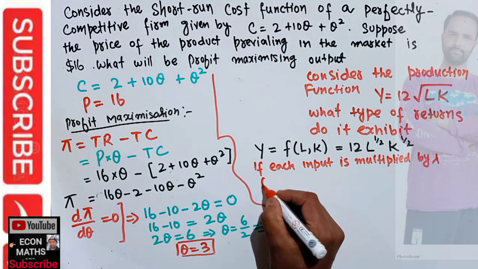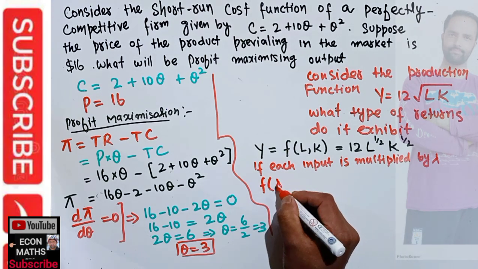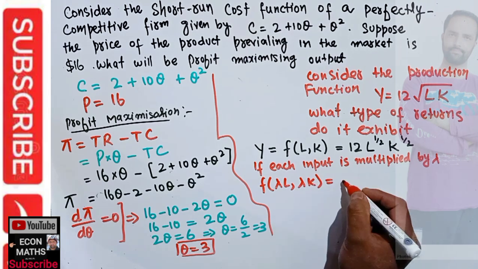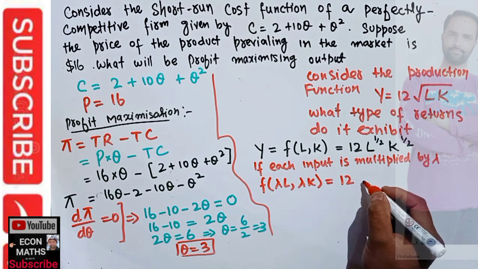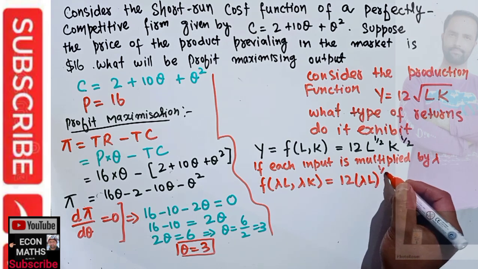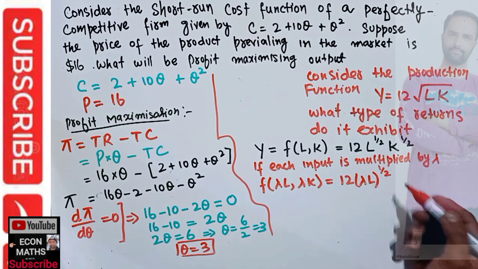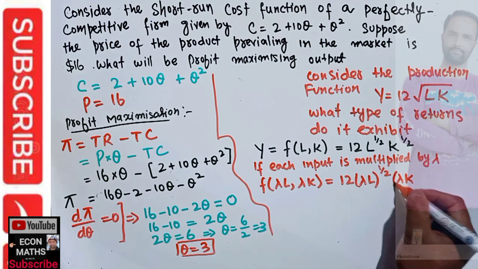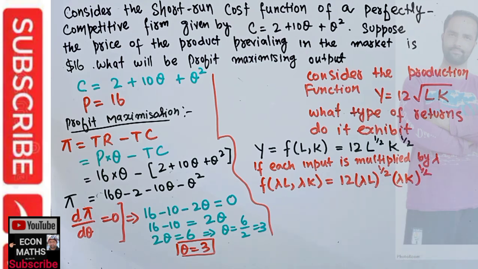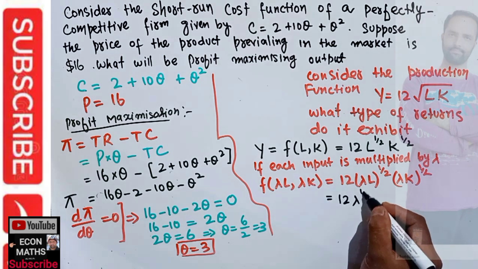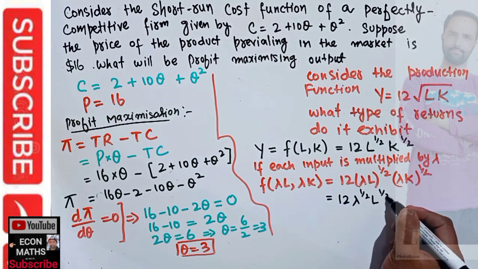Then what will be our production function? F(λL, λK) will be equal to 12, where in place of L we have λL this time, because we are multiplying each input by the common factor lambda, and in place of K we have λK, raised to the power 1/2.